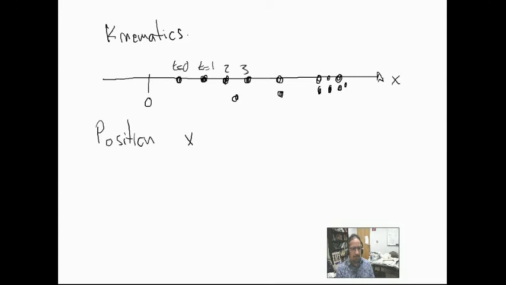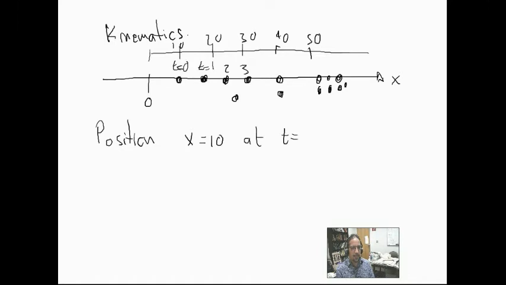So the position, let's put some values in x. Maybe this is 10, 20, 30, 40, 50 or something like that. So, we can say that x equals 10 at t equals 0.